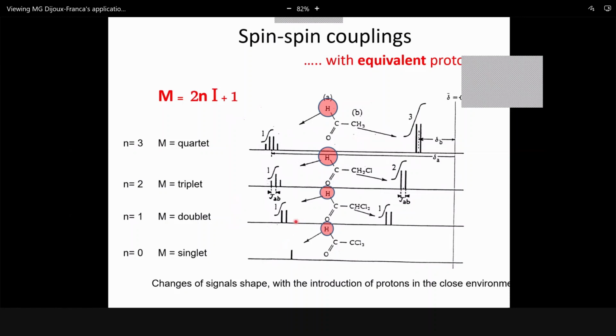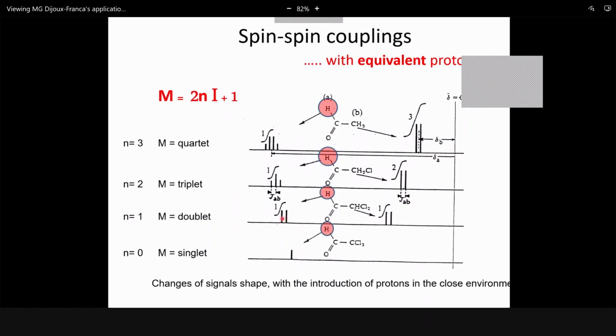And if you look closer, you see that in a signal, when we have multiplicity, the lines, we can measure the distance between the lines.